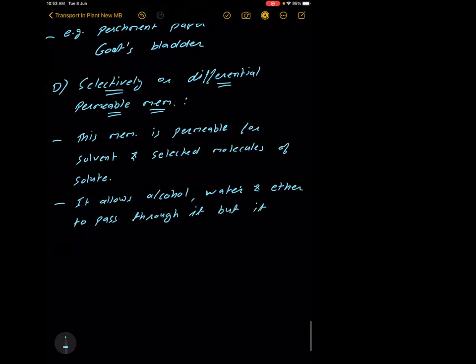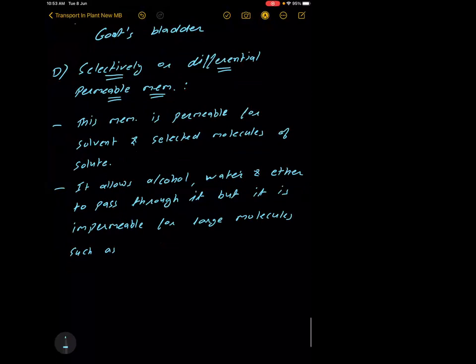But it is impermeable for large molecules such as protein, lipids, especially phospholipid, and polysaccharides.